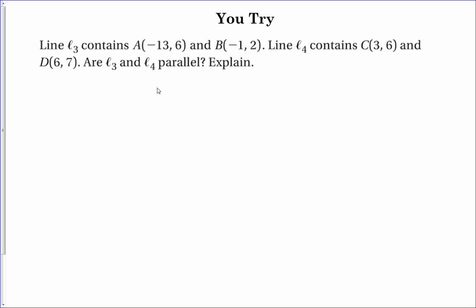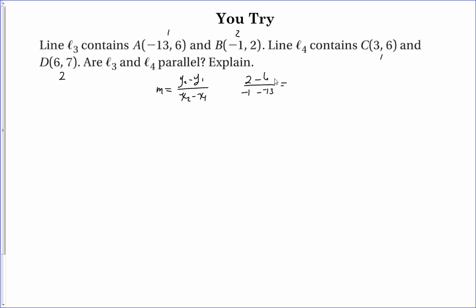So our slope formula is y2 minus y1 over x2 minus x1. I'm going to make this point 2 and this point 1 for the first line, and it doesn't really matter here. Let's make this point 2 and this point 1 for the second line. So let's do AB first. The slope of AB is going to be y2, which is 2, minus y1, which is 6, over negative 1 minus negative 13.